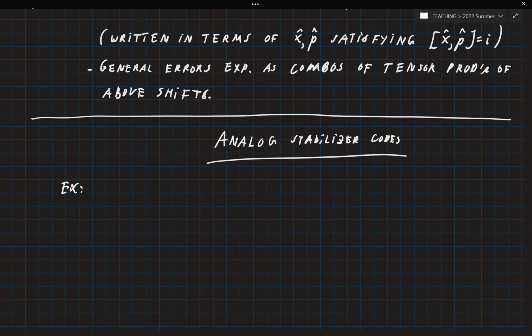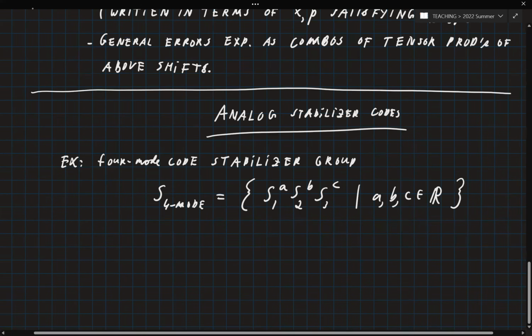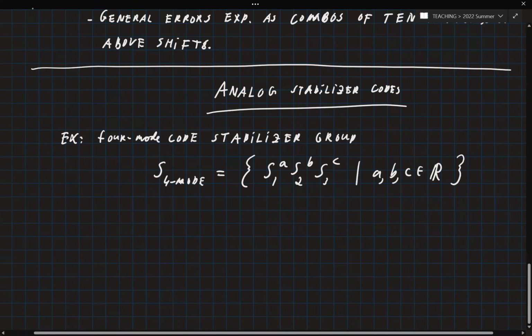The 4-mode code can also be expressed as a stabilizer code with a stabilizer group. It consists of all powers of products of 3 generators. And these are displacements, so we have to take all the possible powers of displacements, which are all the real numbers. You can displace by any real amount, and it yields a different operator.